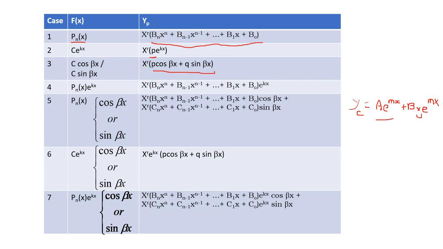The fourth case is a polynomial multiplied with an exponential term. Fifth is a polynomial with sin or cos. Number 6 is an exponential with sin or cos. Number 7 is polynomial, exponential, sin or cos, and these are their corresponding formulas. So we'll go to the example first.